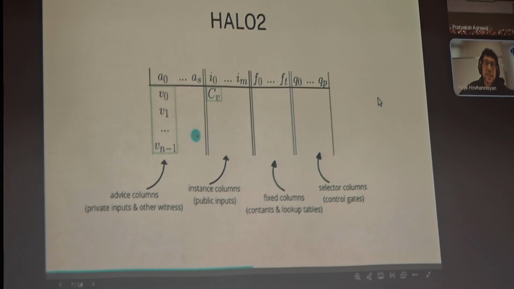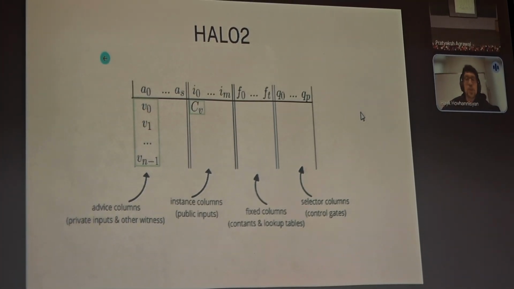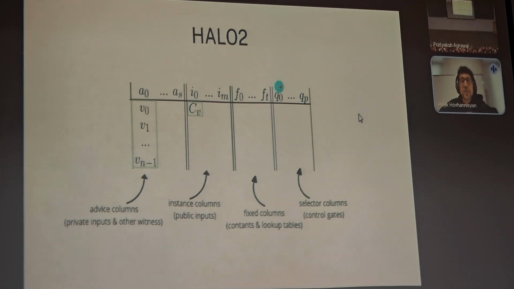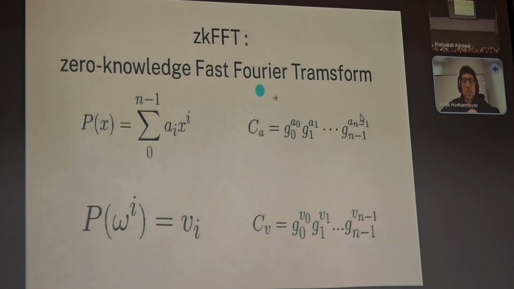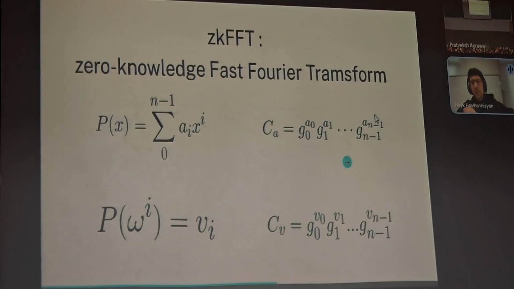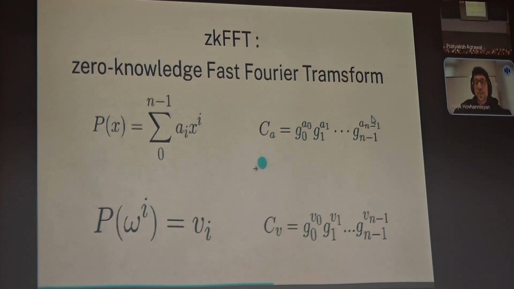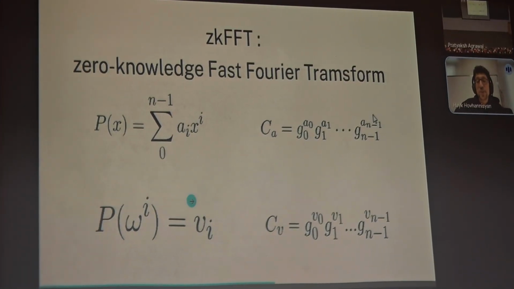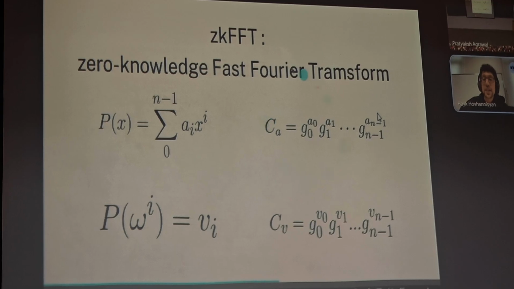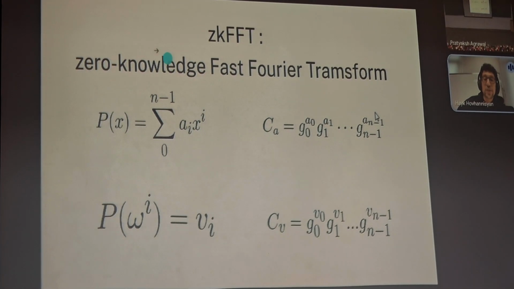So the Halo2 system will take these values, interpolate them, commit to the coefficients of these polynomials, and then make a proof using IPA. As you can see, we have two committed vectors after using Halo2. The first one is our pre-committed vector, which is a vector of the values of this polynomial, and the second one is the vector we get from Halo2. This is the commitment to the coefficients of the polynomial.